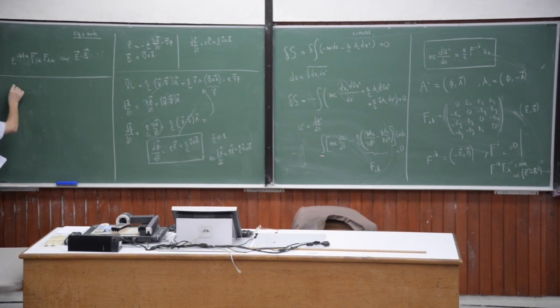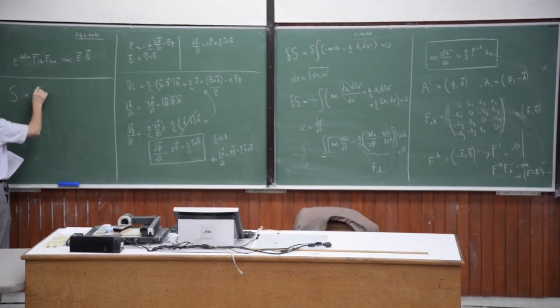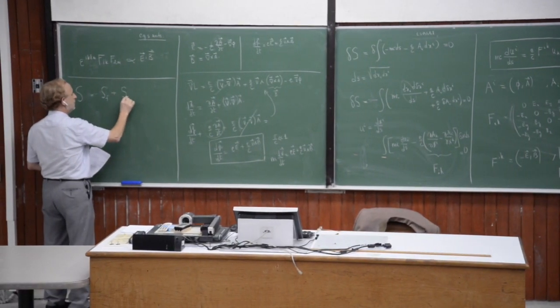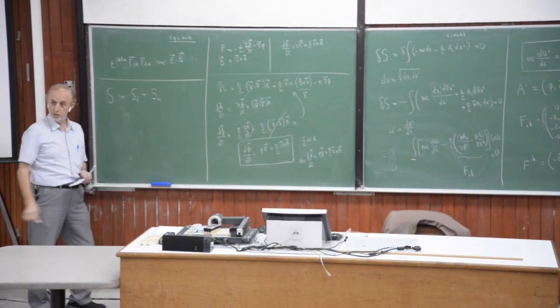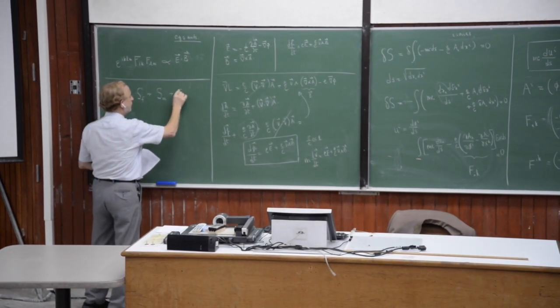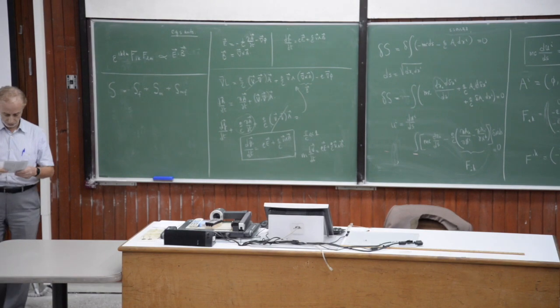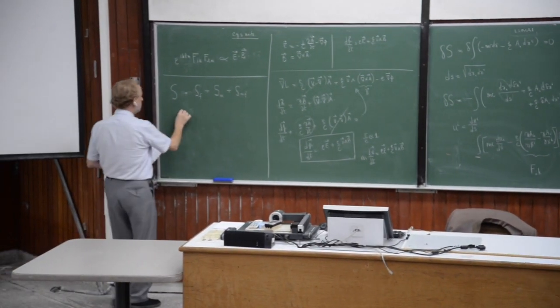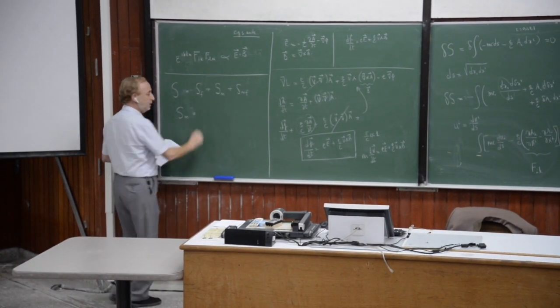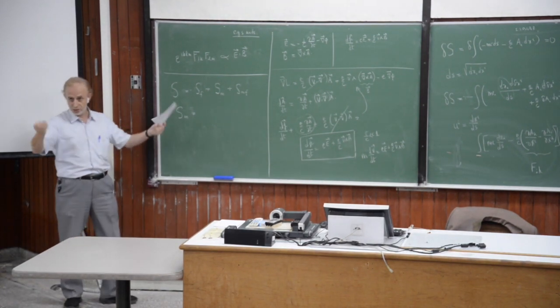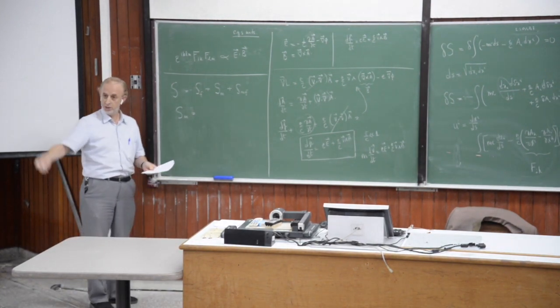Now remember, my total action was the action for the field plus the action for the matter plus the action for the matter-field interaction. Now, the matter Sm, we already wrote it for one particle. So if you have many, just the sum of these guys, the action is additive.